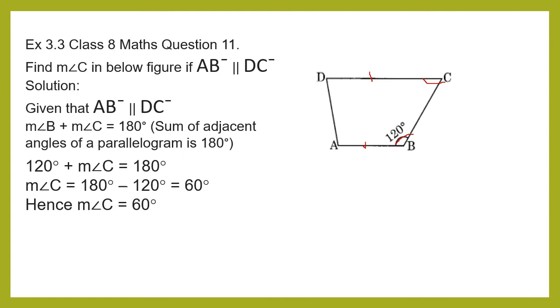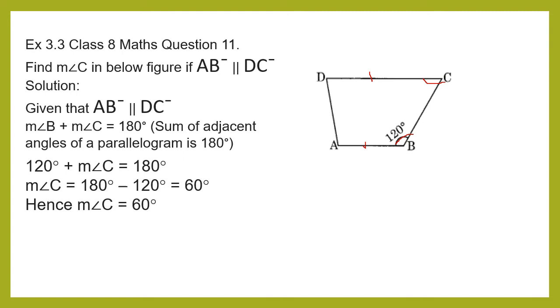That means the sum of the two angles is 180 degrees. So let us consider the measure of angle B plus the measure of angle C is equal to 180 degrees. The measure of angle B is 120 degrees, plus the measure of angle C is equal to 180 degrees. If we transfer the plus 120 degrees to this side, it becomes minus 120 degrees, so the measure of angle C is 60 degrees.